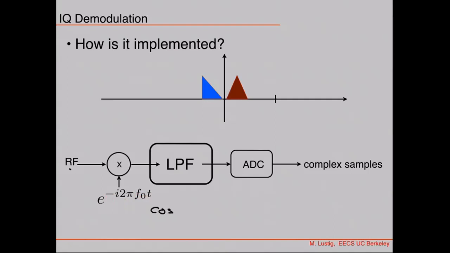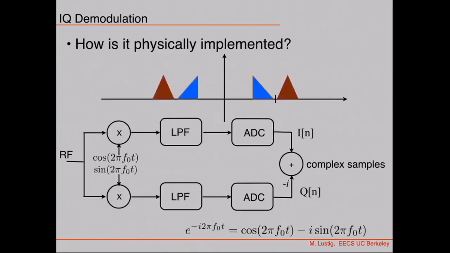It's cosine 2π f0 t plus j sine minus 2π f0 t, right? So effectively, I can implement the whole thing physically in hardware doing this.